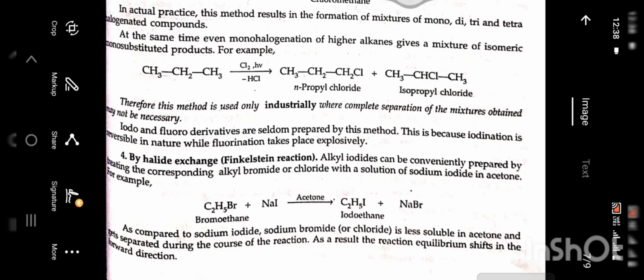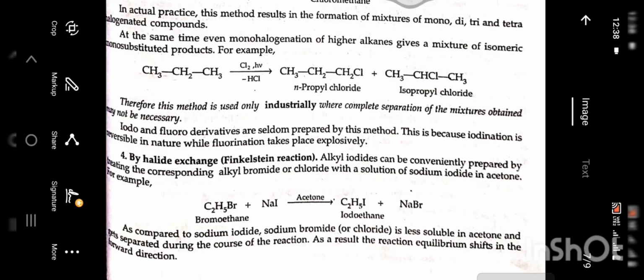From silver salts of carboxylic acids, alkyl chlorides and bromides can be prepared by the action of chlorine or bromine on the silver salts of certain carboxylic acids dissolved in carbon tetrachloride. This is the Borodin-Hunsdiecker reaction. RCOOAg plus Br2 in the presence of CCl4 gives RBr plus CO2 plus AgBr.